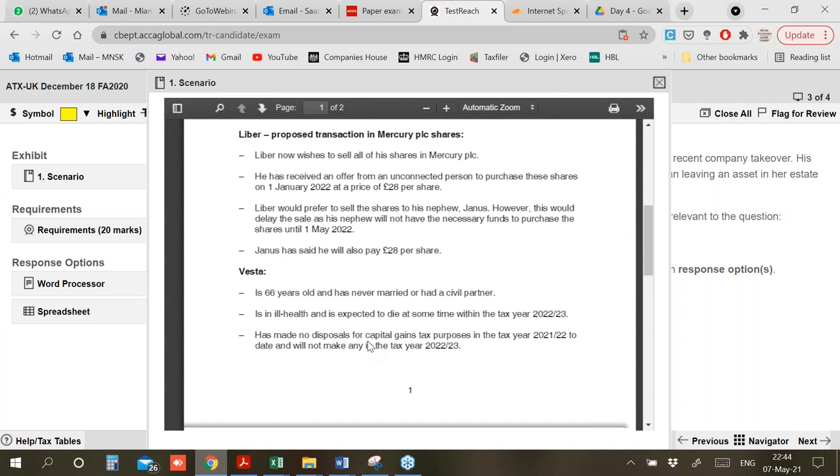Now, Vesta is 66 years old and has never married or had a civil partner, is in ill health and is expected to die at some time within the tax year 22-23. It means within 2 years, because we are standing in the tax year 21-22.